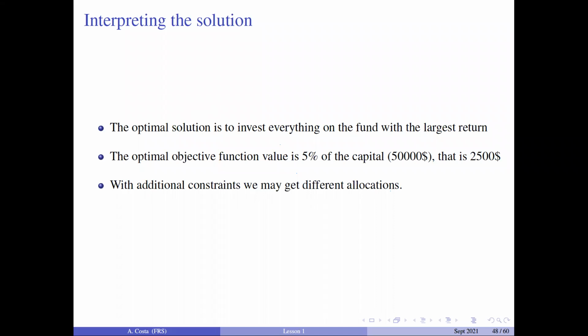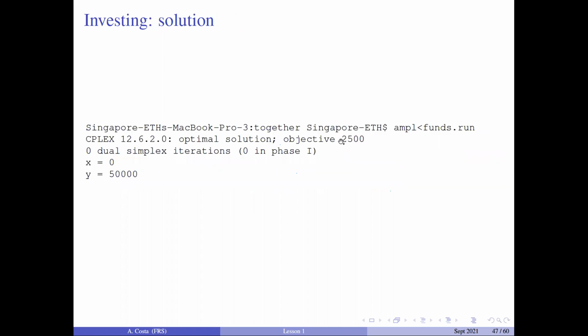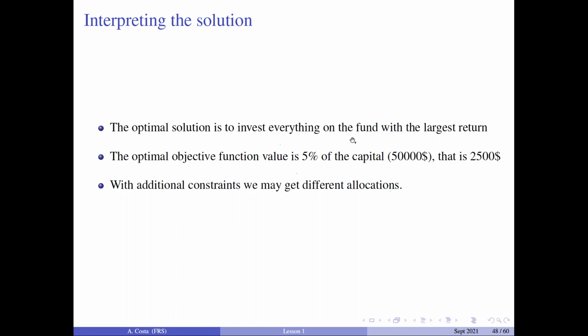That is the fund Y with a return of 5%. So if we put 50,000 on a 5% return, what do we get? 2,500. That is the objective value. So it makes sense. It is what we would have expected.